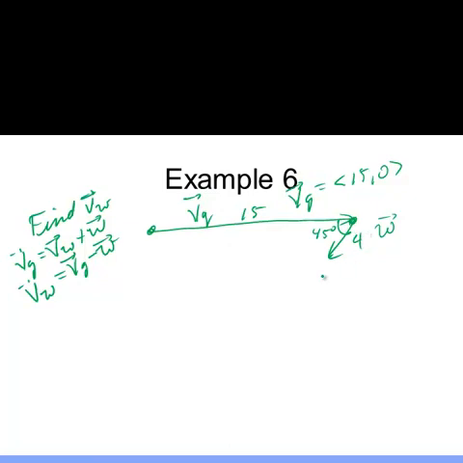So we could write W as, let's see here, -2 times the cosine of 45 degrees, which is 1 over square root of 2. And we could also write the y component of W as -2 times the sine of 45 degrees, which would be 1 over square root of 2. So there's W.